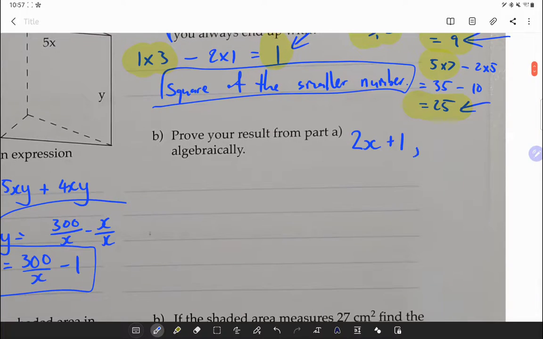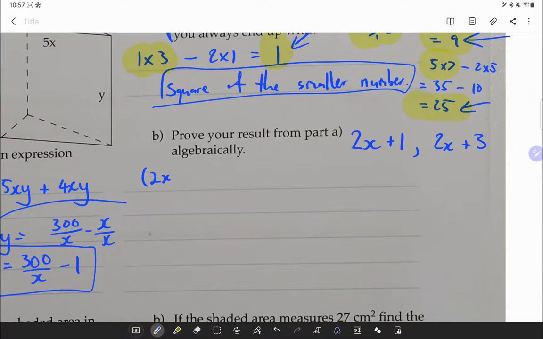Now, if we say two consecutive odd numbers, we say 2x plus 1, same x, whatever that x is, and 2x plus 3, because 2 more after the first odd number is the next odd number. Cool. Moving on. That's how we have it. So what have we done?